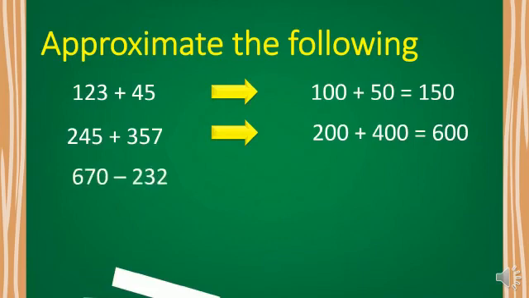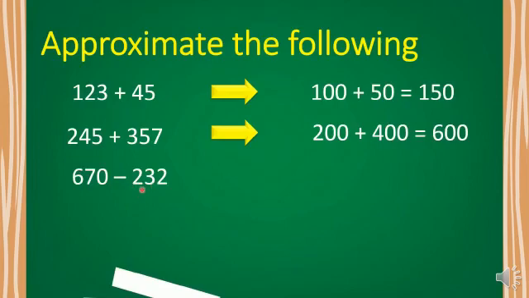Here 670 minus 232. Okay, look at the first number. Is 7 rich or poor? 7 is rich. Okay, so it will give 6 one. So it will be 700. Okay, here is 3 rich or poor? Poor.